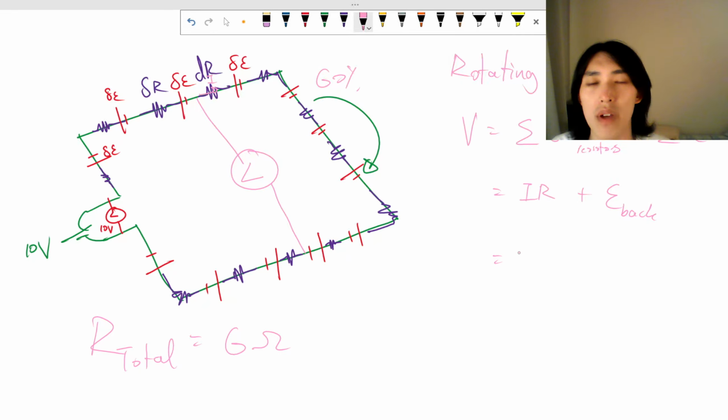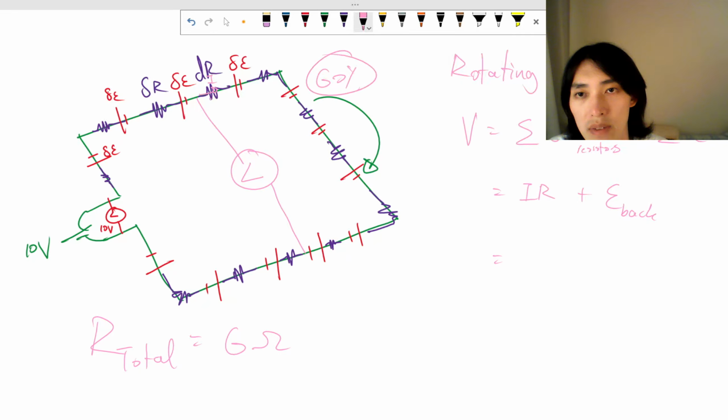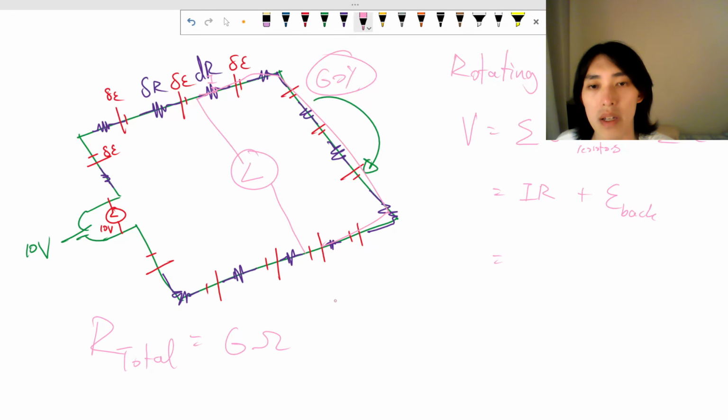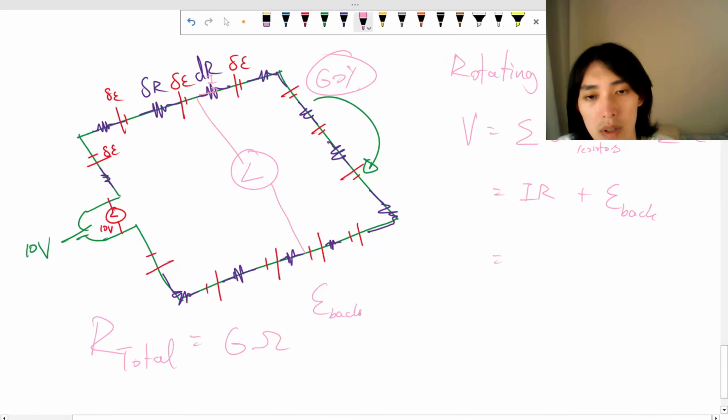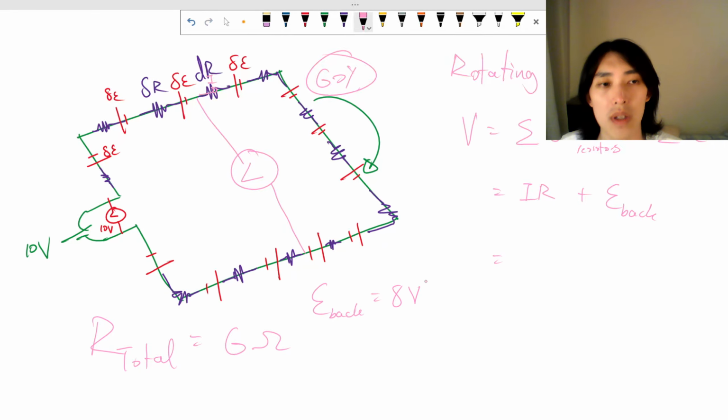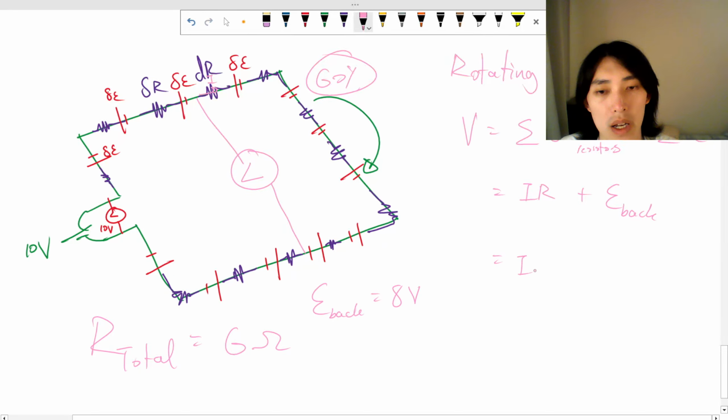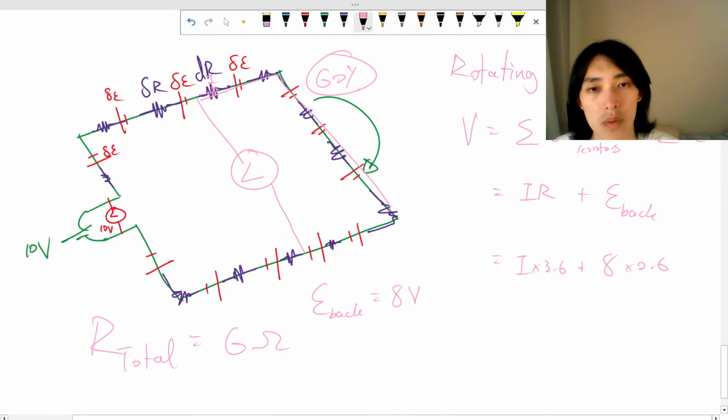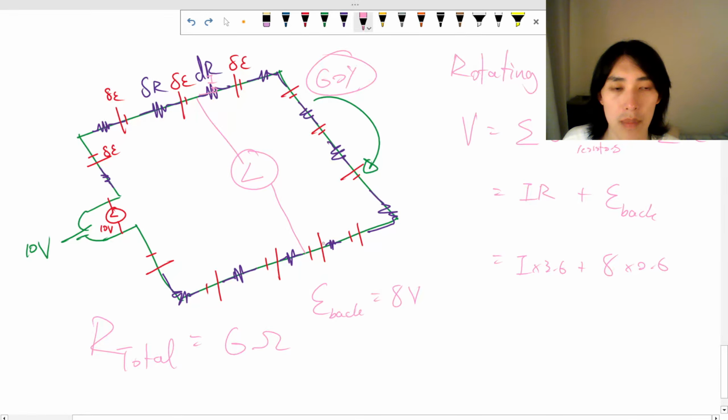If this pink path is 60% and your total back EMF is 8 volts, then you'd only get 4.8 volts here. So this would be I times 3.6 from before, plus 8 times 0.6, because you only have 60% of the total path length here.